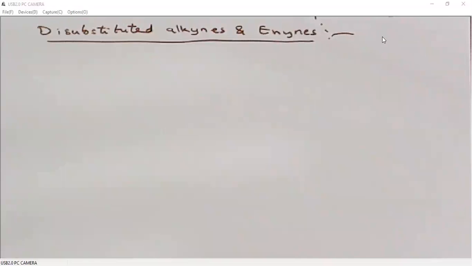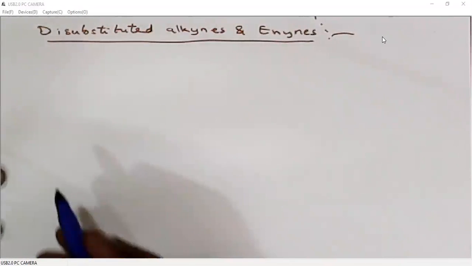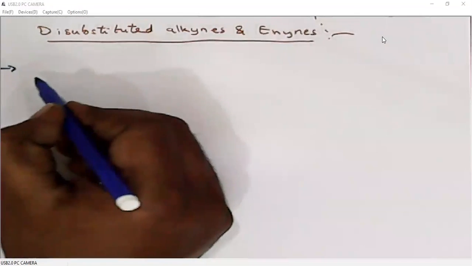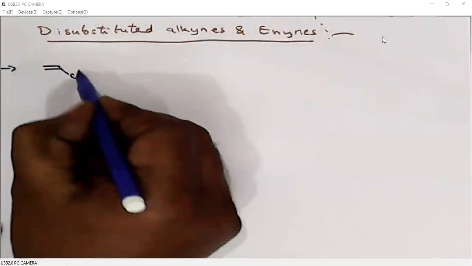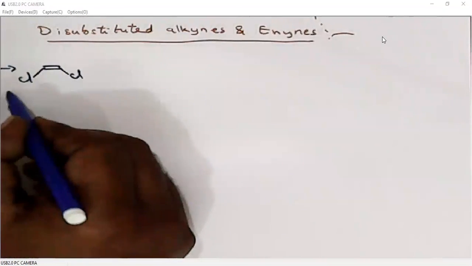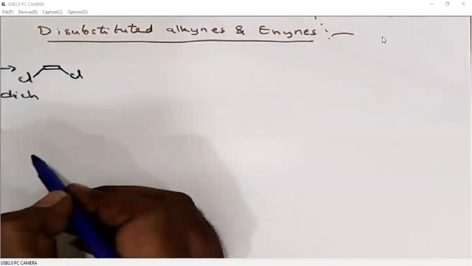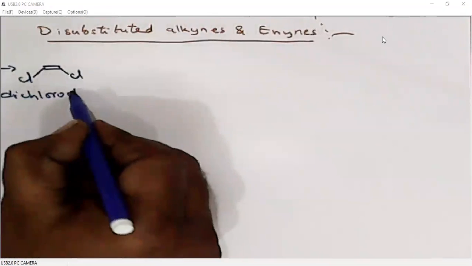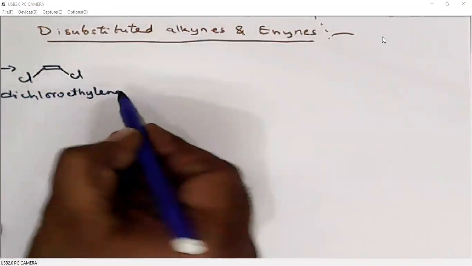Now we will discuss some additional problems on palladium couplings, preparation of disubstituted alkynes and enynes. This is dichloroethylene.